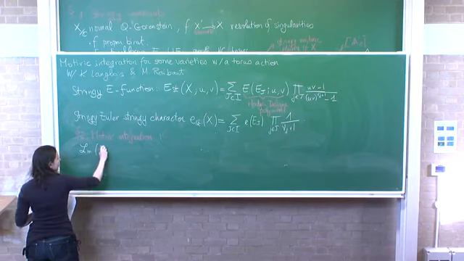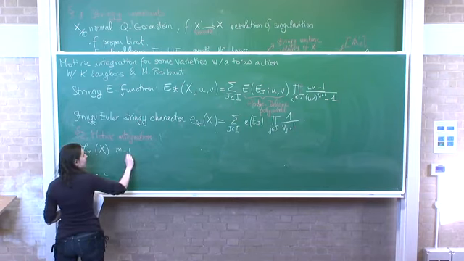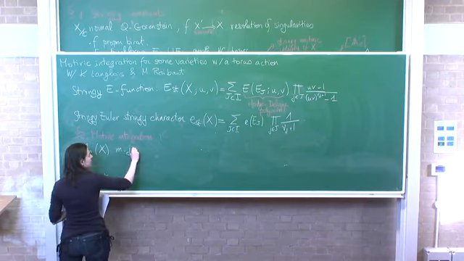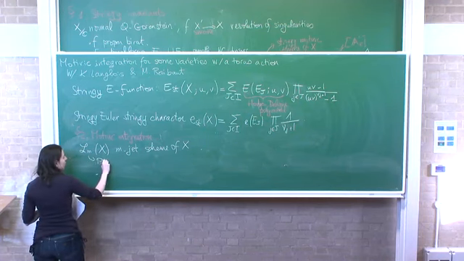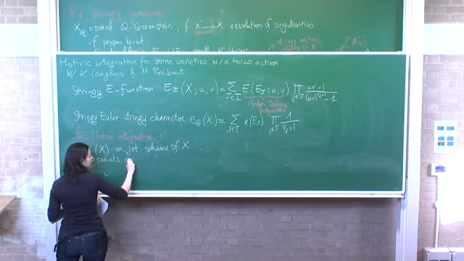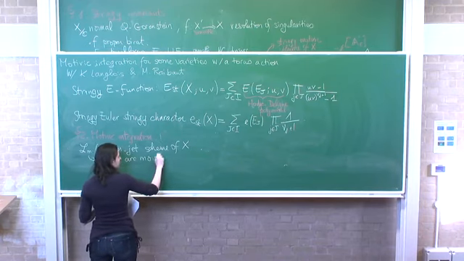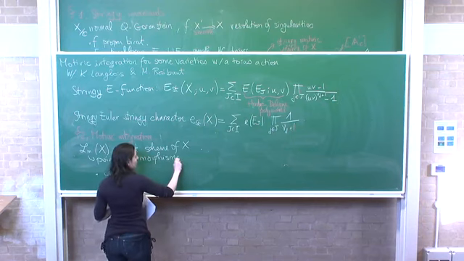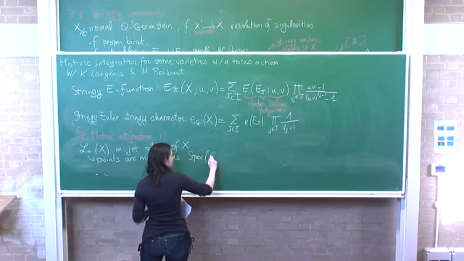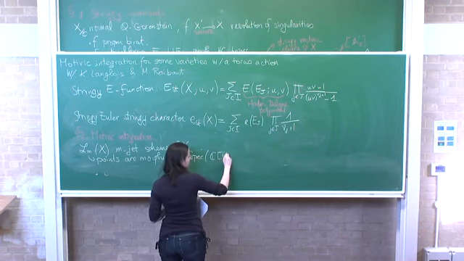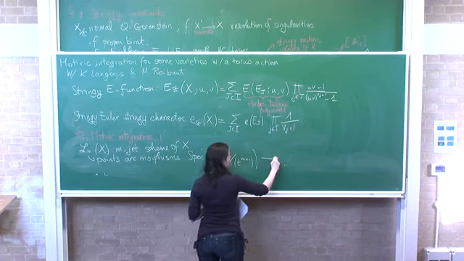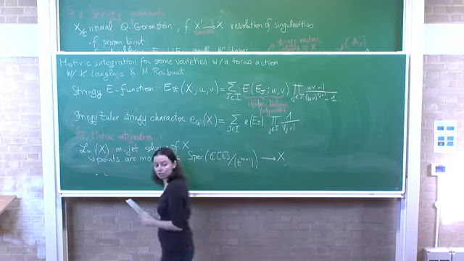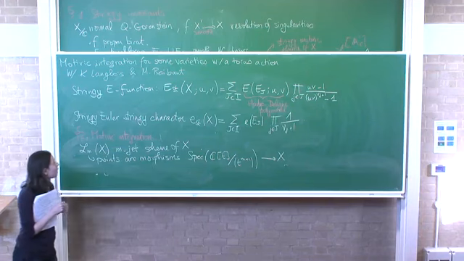I'm going to call L_m of X the m-jet scheme of X. Its points are morphisms from Spec of C[t]/(t^(m+1)) to my variety X. I also don't know why it is called a string something.